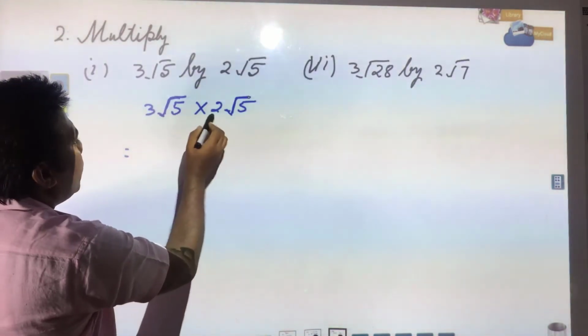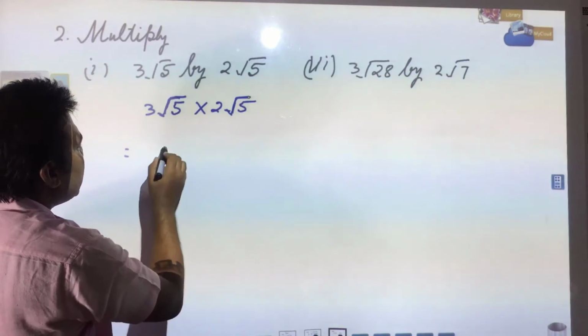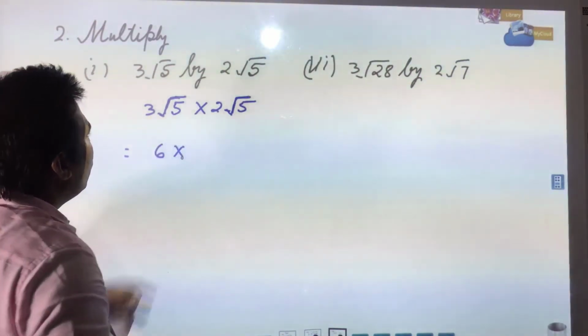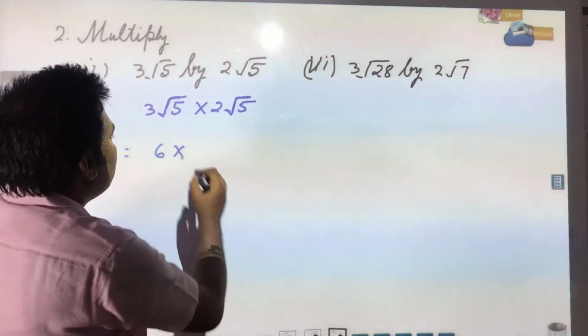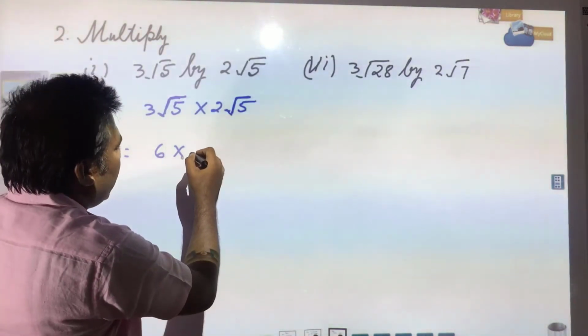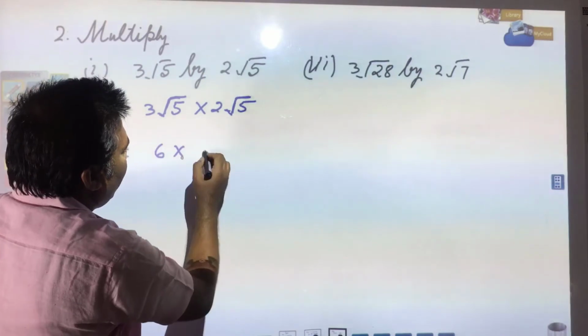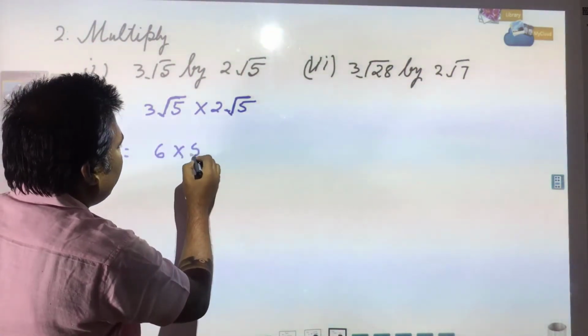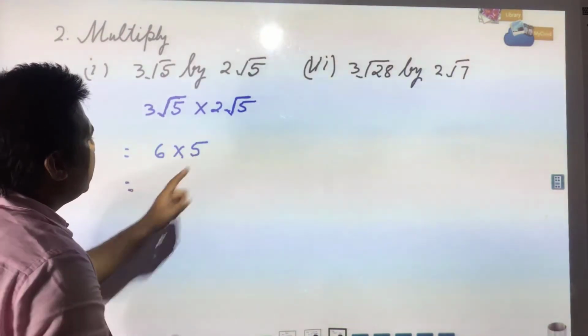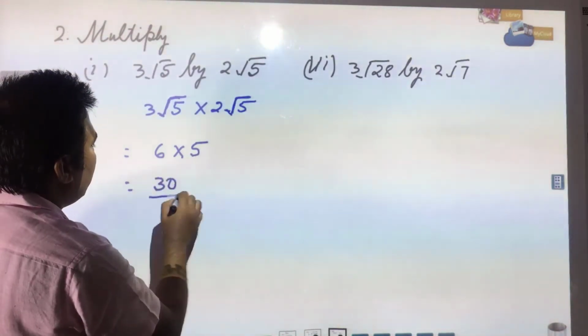So, 3 into 2 is 6, into root 5 into root 5, is equal to 5. Or simply you can write under root 5 into 5. So, root 5 into root 5 you know, that is 5. So, 6 into 5 is 30. This will be your answer.